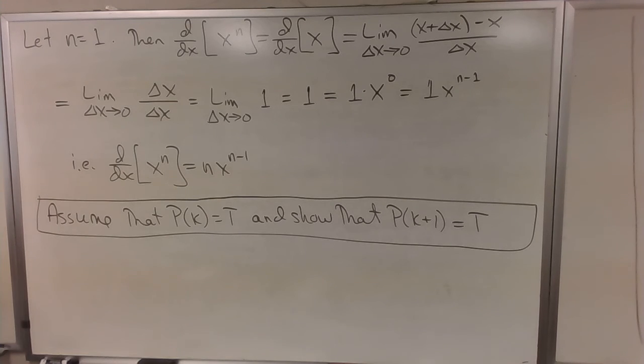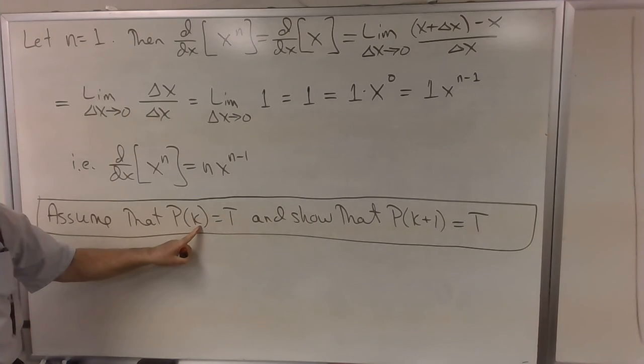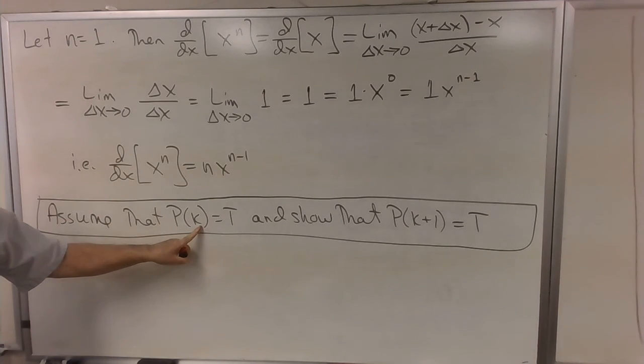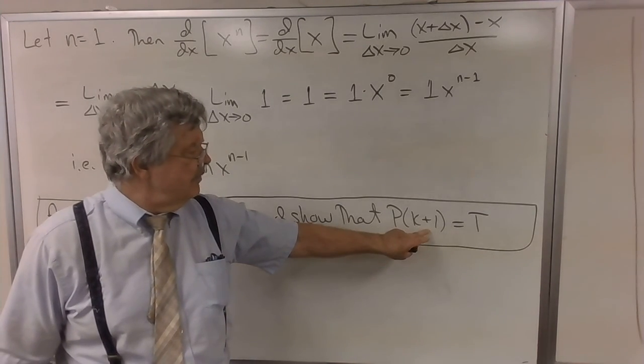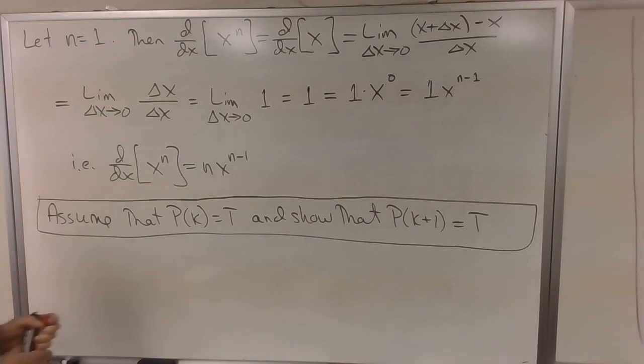Assume that my proposition is true for some non-negative integer k, and show that that means that it's true for k plus 1.